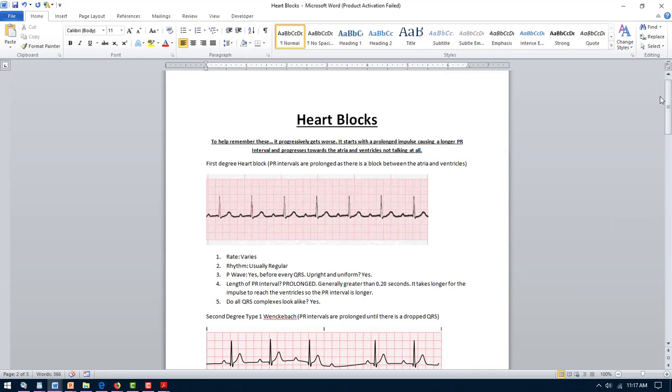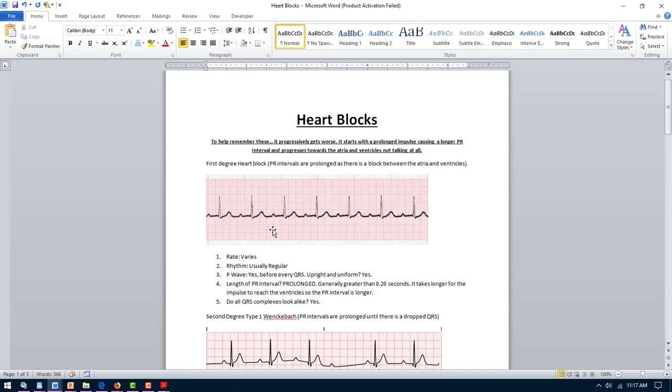Alright. To help remember heart blocks, remember it progressively gets worse. In the first one, there's a longer PR interval, and by the third one, the atria and the ventricles are not talking at all. So, the first one, that PR interval, right here, is a lot longer than we want it to be.